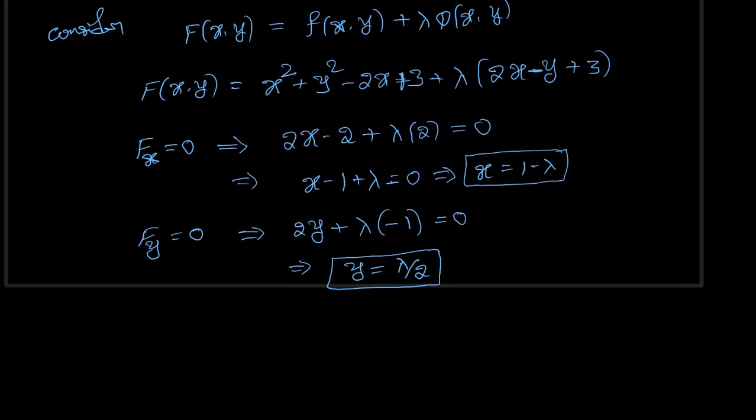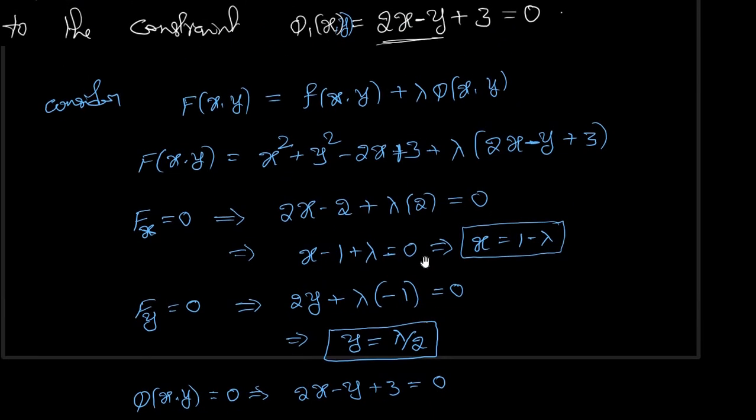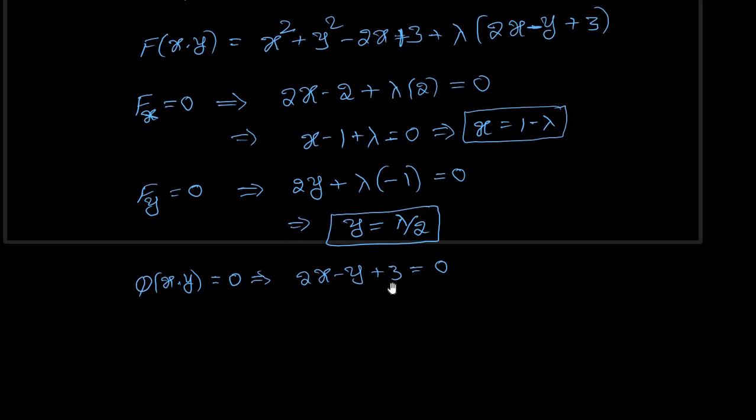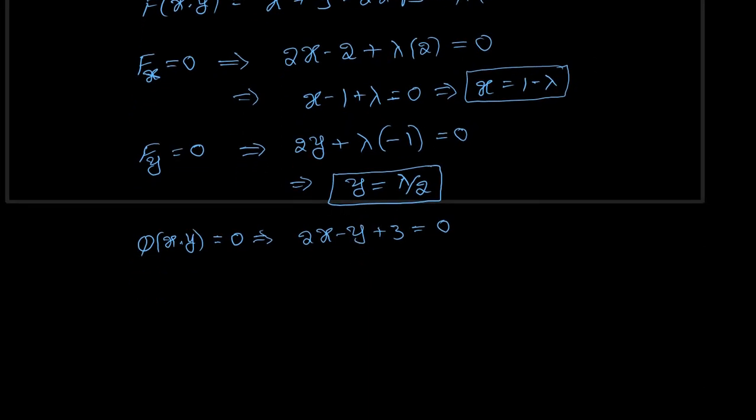Now we have a constraint. What is that constraint? The constraint is phi of x comma y equal to 0, that is given by 2x minus y plus 3 equal to 0. See, our interest is to find maxima or minima subjected to this constraint. It means our x comma y has to satisfy this equation. So whatever you get here for x comma y, you substitute it here, and accordingly you find lambda.